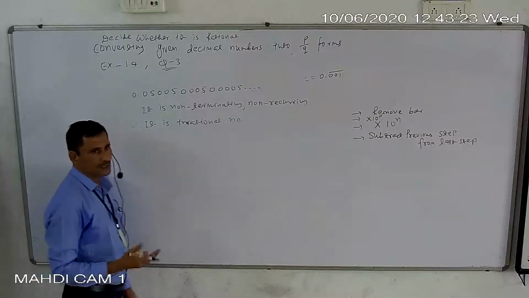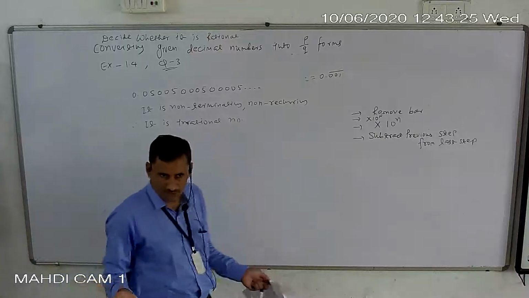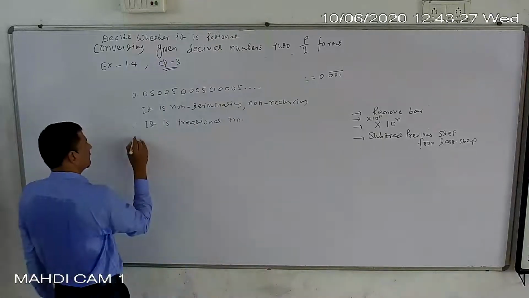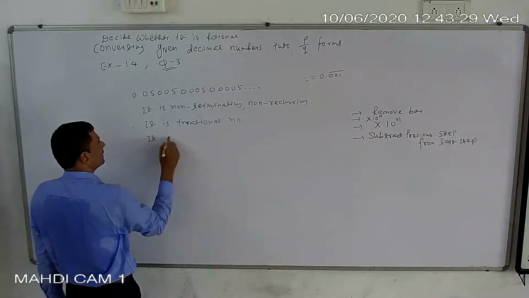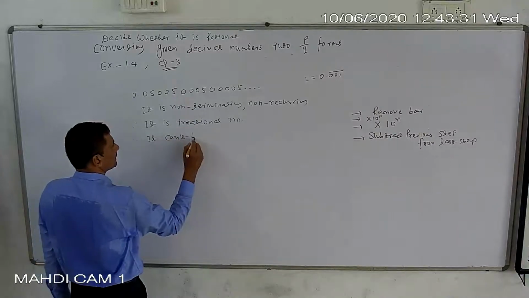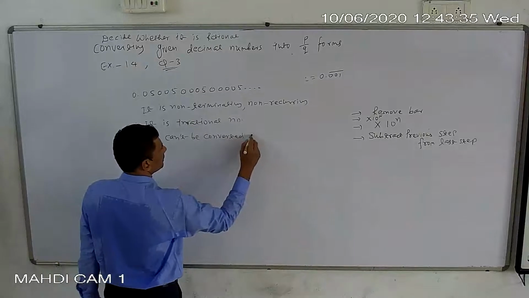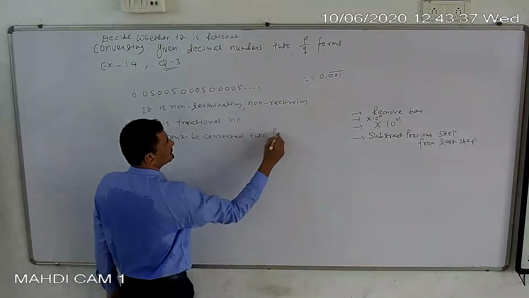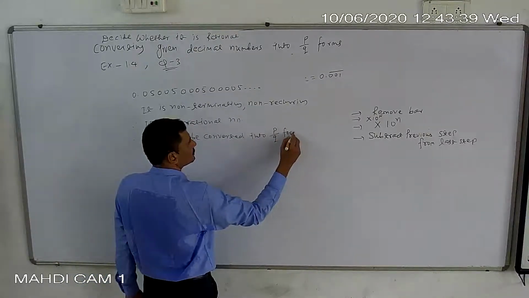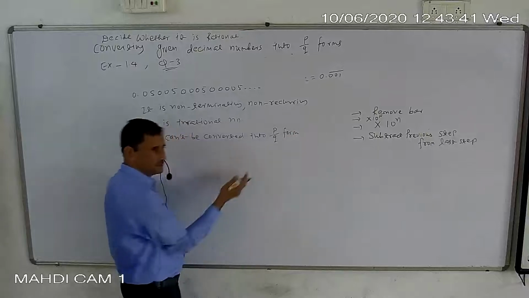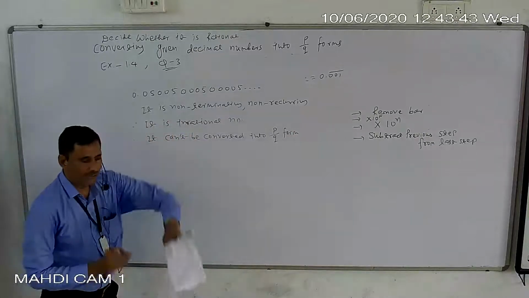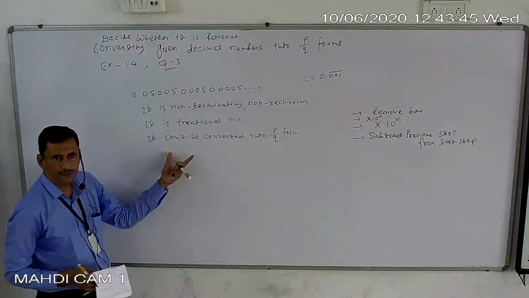If it is irrational, no p by q form is possible. Okay, so write down there that it cannot be converted into p by q form. So our sum is over. Not possible.